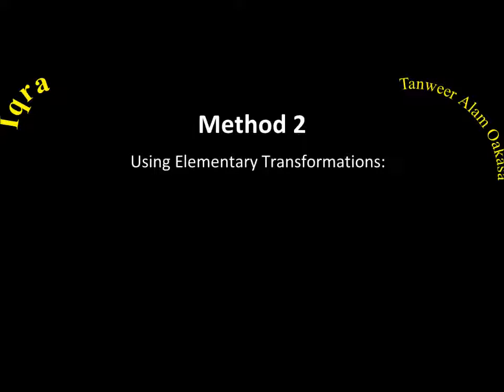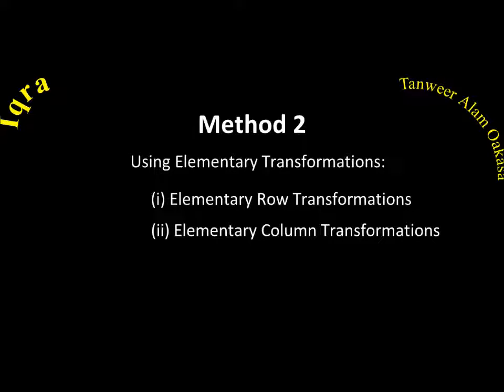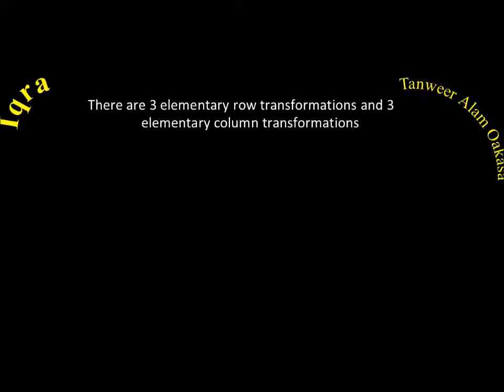There are 2 types of transformations: row transformations and column transformations. I will be doing certain operations on the rows and columns, and those operations are called row transformations. Whenever I apply any transformation on a matrix, I get a new transformed matrix, and that matrix is called the equivalent matrix of the original matrix.